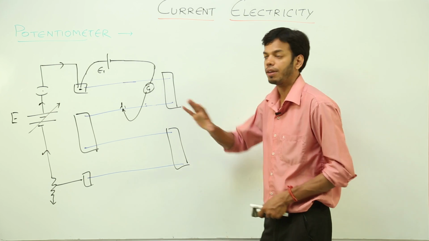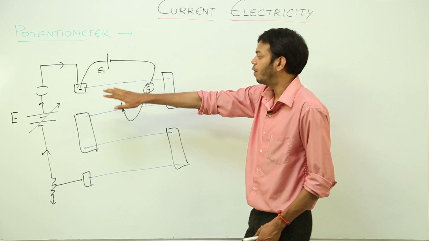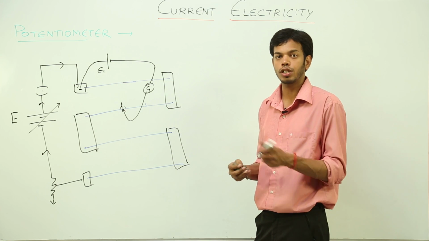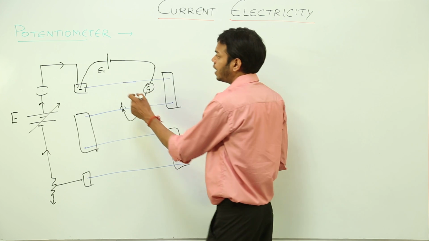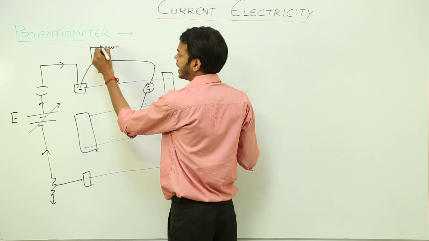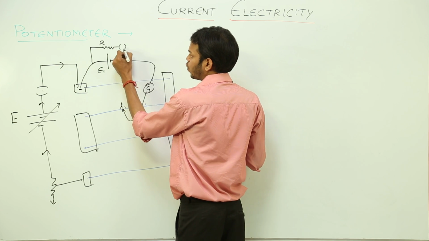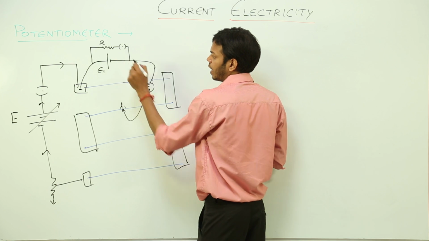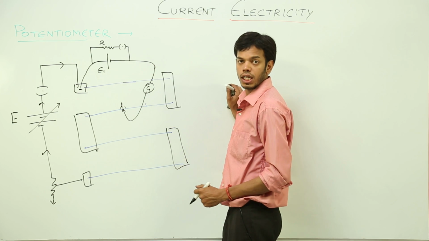I am getting that value of voltage which is balancing in this much length, right? So what about internal resistance had to be taken care of? For that, what do we do? We put another resistance here with a switch which is not connected right now, and it is connected in parallel with this cell.